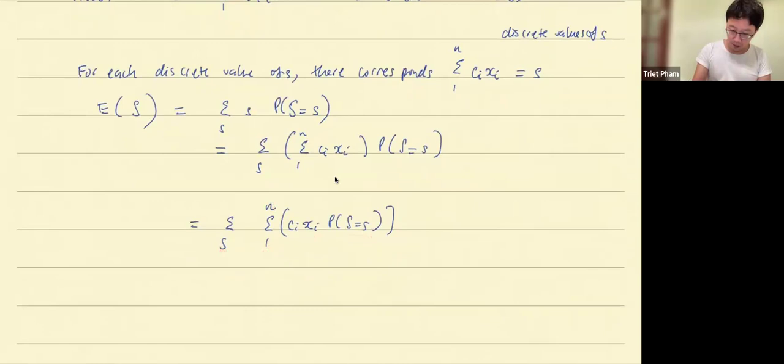Here you can switch the order of the sum to be sum over the summands first, and then sum over all values of S. And then you can factor out a Ci because it is a constant, independent.